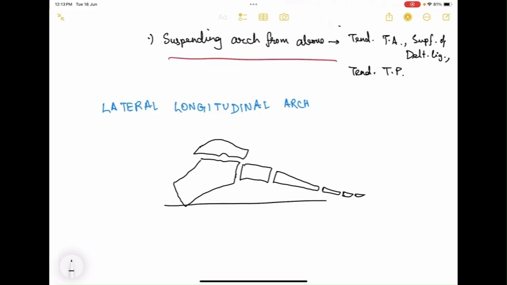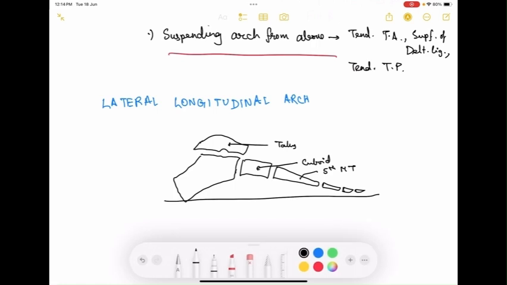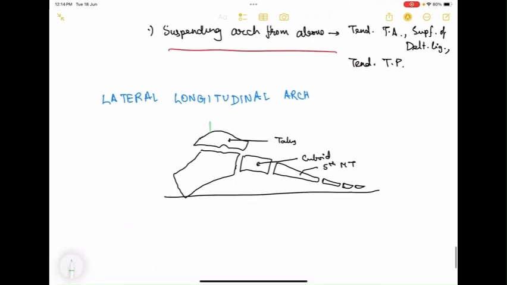This is the cuboid. Fifth metatarsal. Finally, another tendon we will draw. This tendon is going beneath the cuboid bone. So this is the peroneus longus tendon. It acts as a suspension. Write about it later.